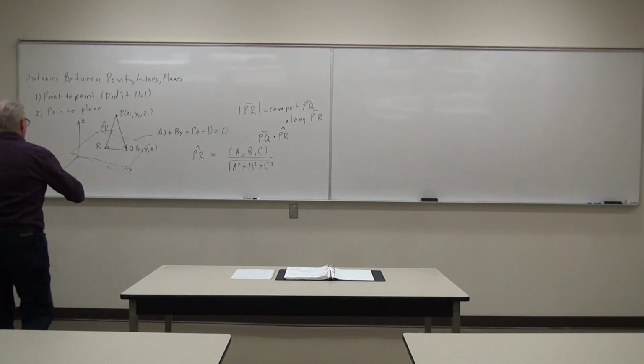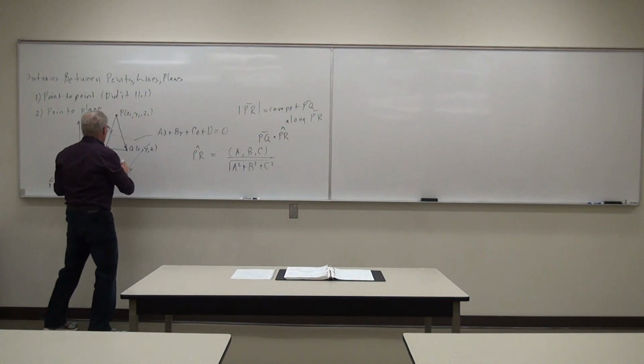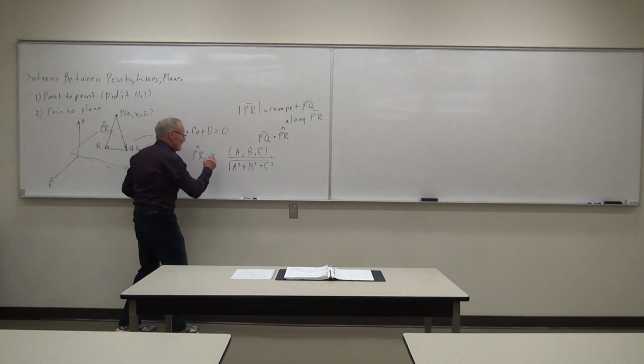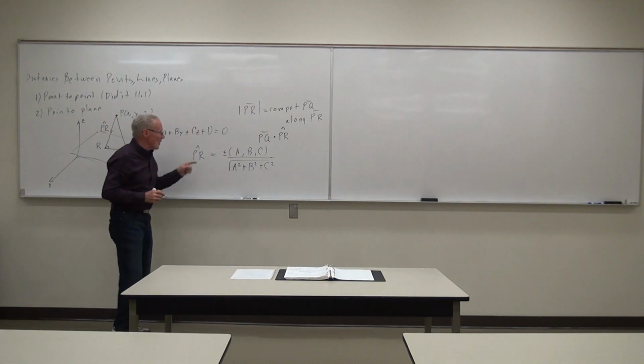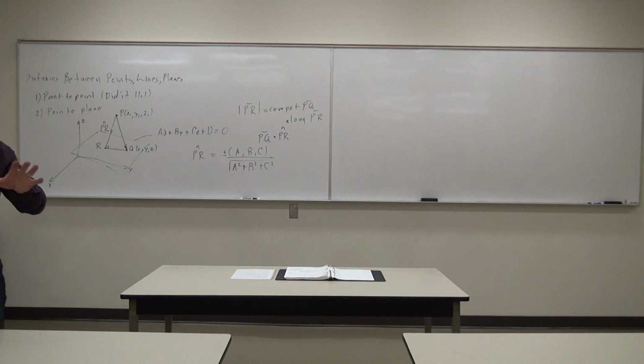It's along the right way, but maybe P's down here, so it should be the other way. So if we do this, one of those two is correct. I don't know which one. It depends upon where P is relative to the plane. But it's one of those two.